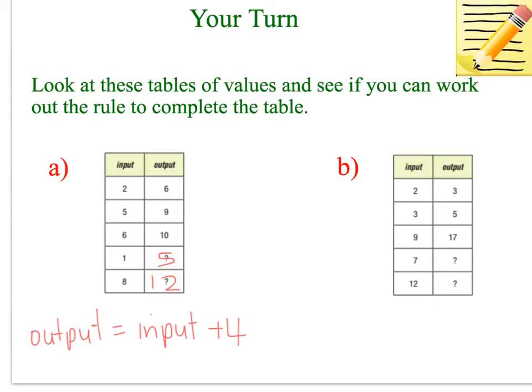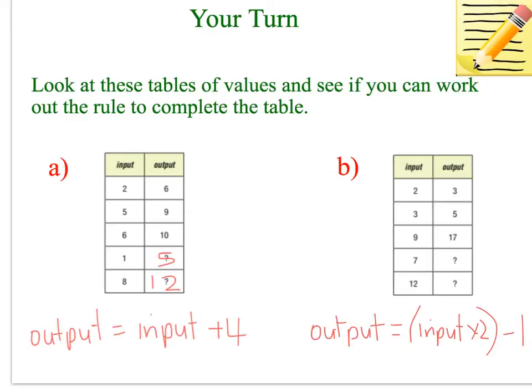So the rule for this one would be: output equals two times the input, so input times 2, whatever that answer is, then minus 1.